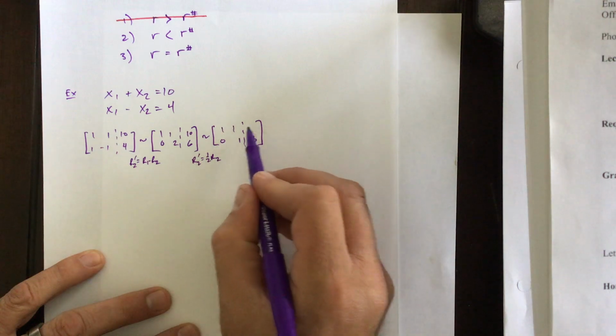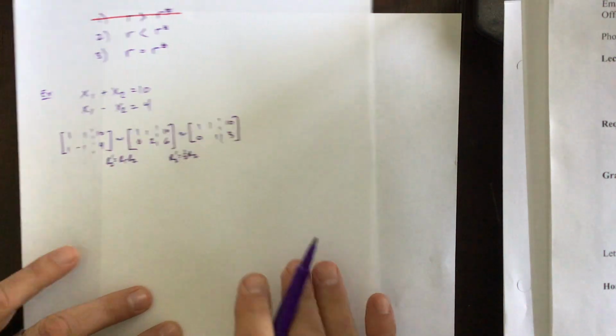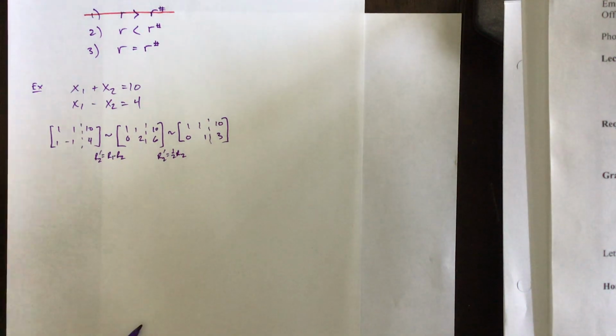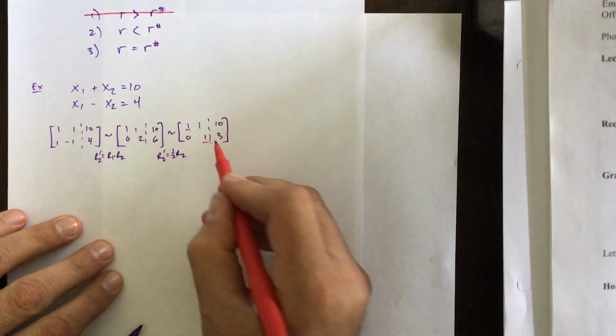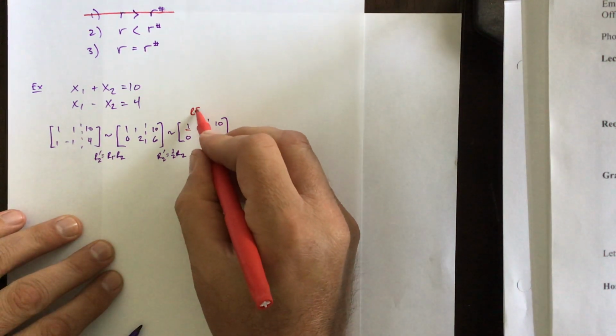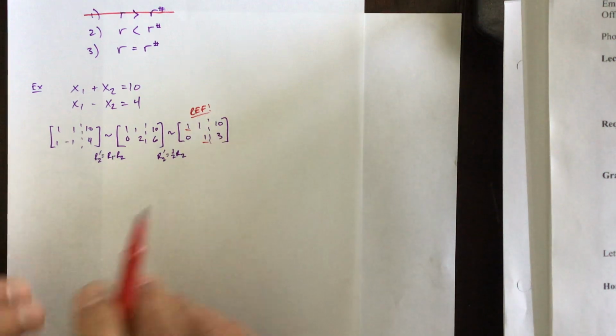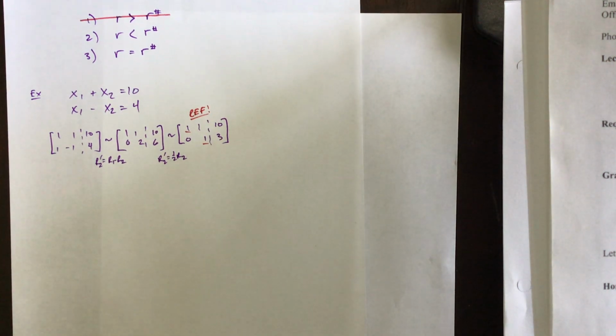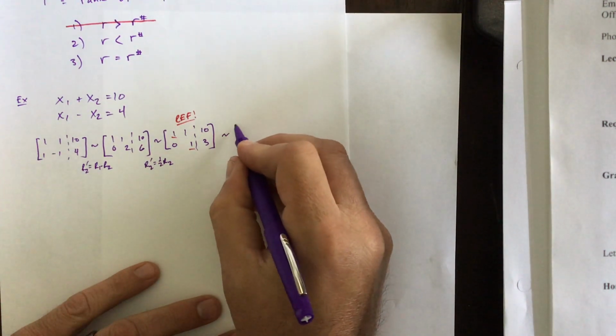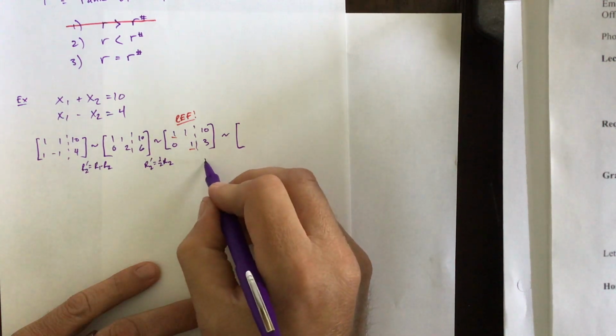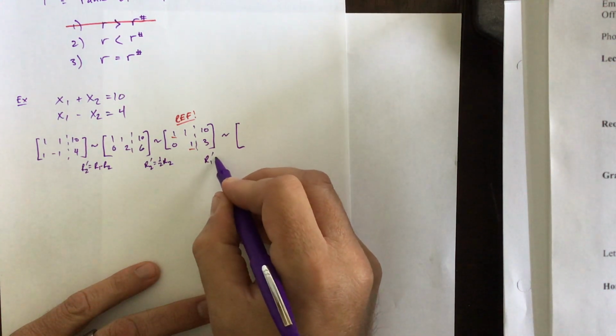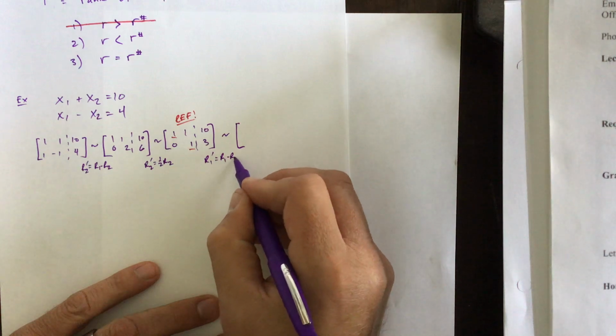So that's 1, 1, and 10. So we have two pivots now, one there and one there, so this is row echelon form. We can place this in reduced row echelon form by saying R1 prime is R1 minus R2.